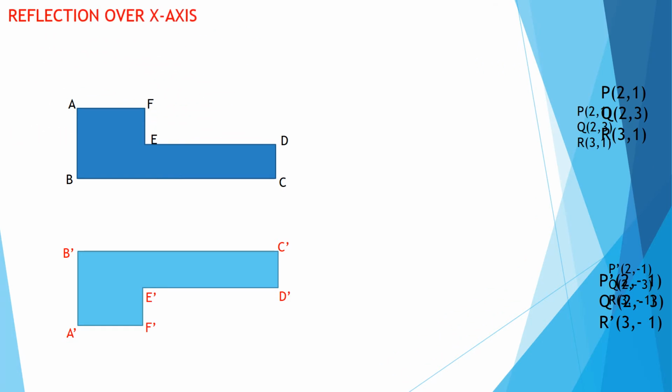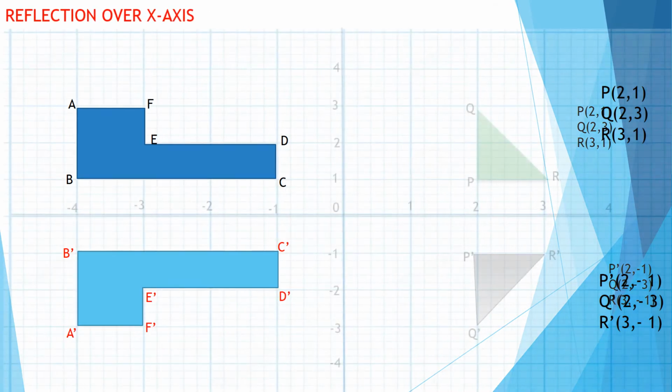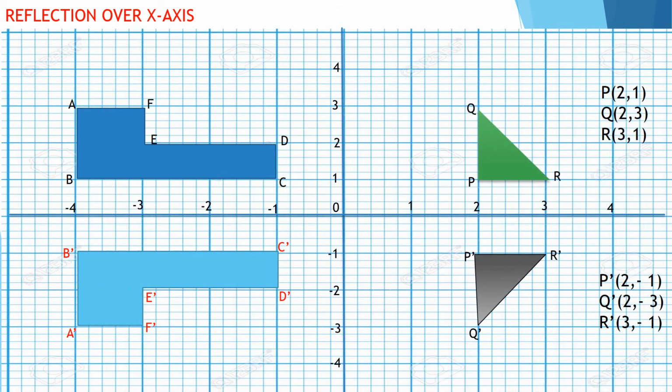Here I'm looking at reflection over the x-axis. So let's look at it together. Here are my diagrams, my images. Let me start with the triangle. This is triangle PQR, and we are going to take the reflection of this over the x-axis.